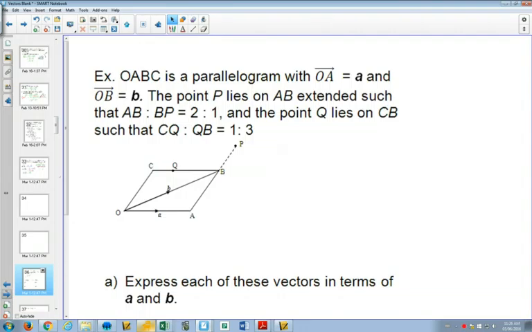So we've got a parallelogram, and we're told that there's a point P lying on extended so that the ratio of AB to BP is 2 to 1. So that means if this is 2, this is 1. And the ratio of CQ to QB is 1 to 3. So that means if this is 1, this is 3.